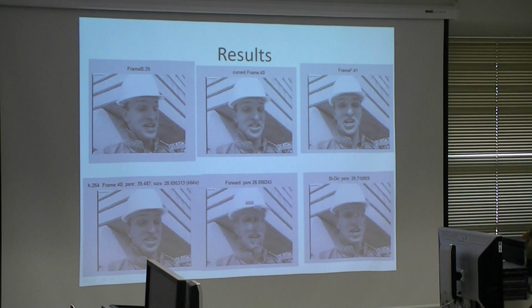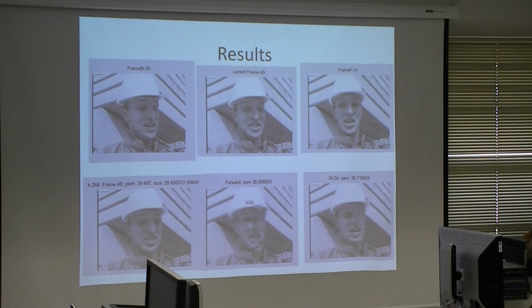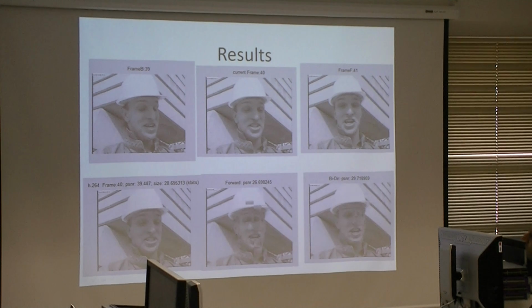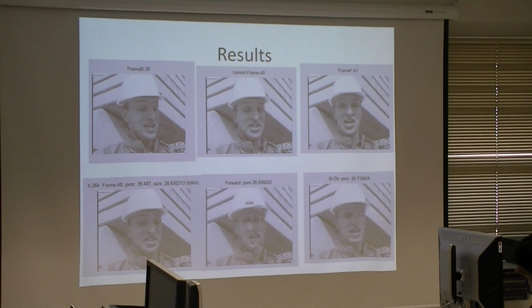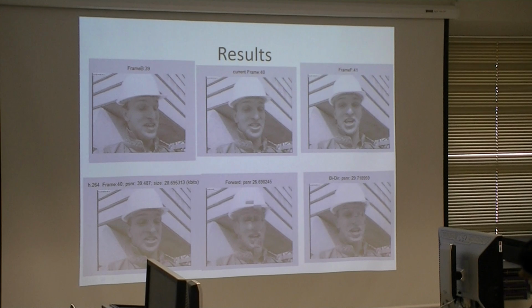The frame ID is 39, and we have a forward frame named frame F. Its frame ID is 41, and the current frame, the frame T, is frame 40. And we try to interpolate frame 40.